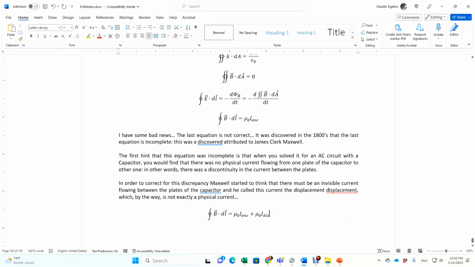And then, working diligently, he discovered that this displacement current was related to another flux. It was actually related to the electric flux.